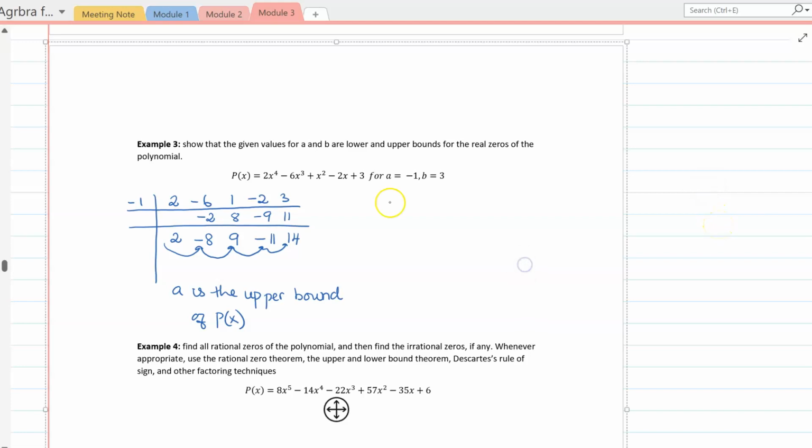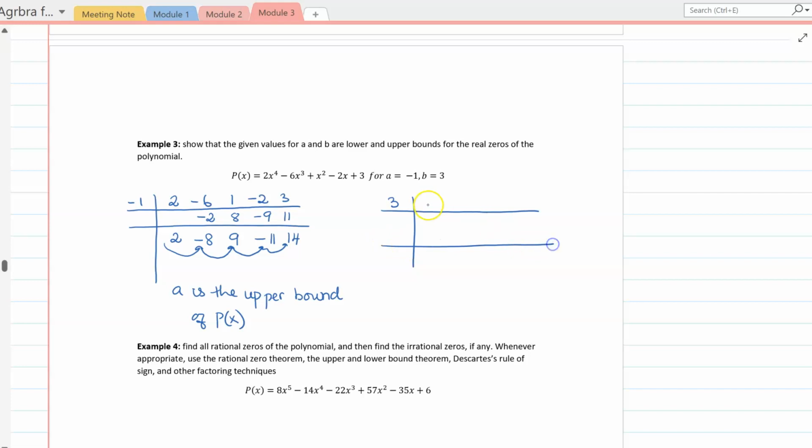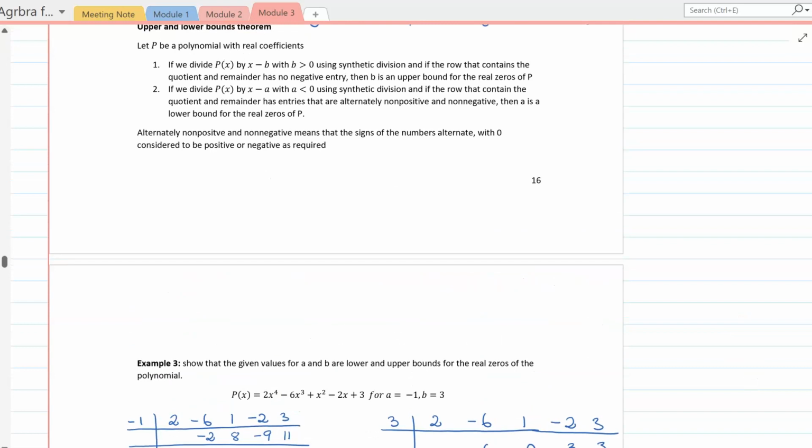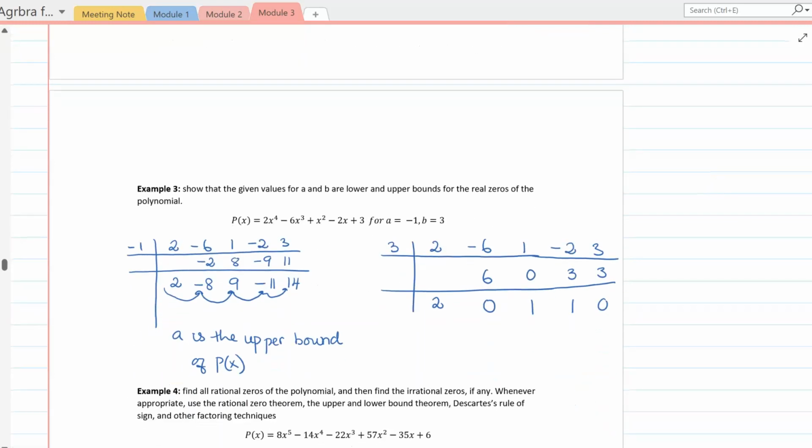Let's take a look at b. So here 3, then 2, negative 6, 1, negative 2, and 3. Note that here we have all positive. Synthetic division, if the row that contains the quotient and remainder has no negative entry. Okay, so here we have no negative entry.